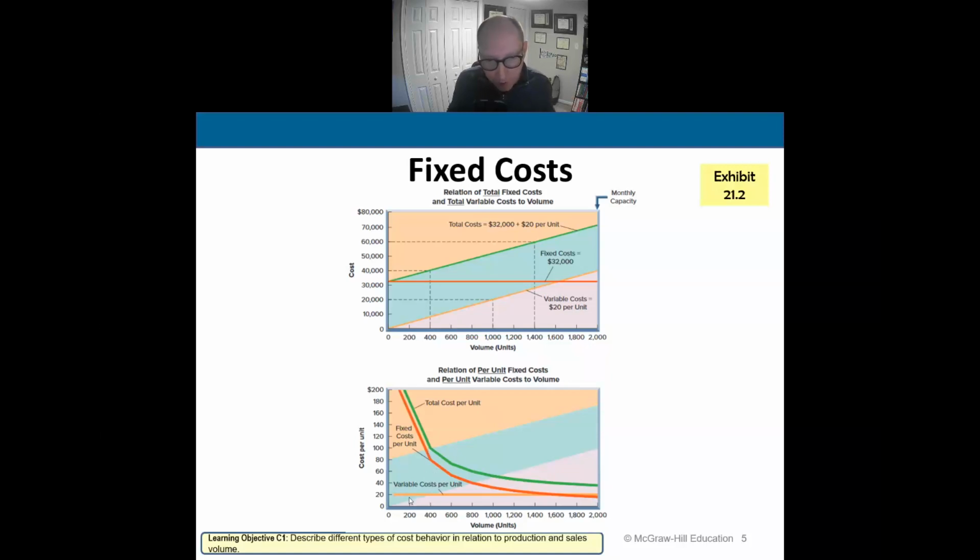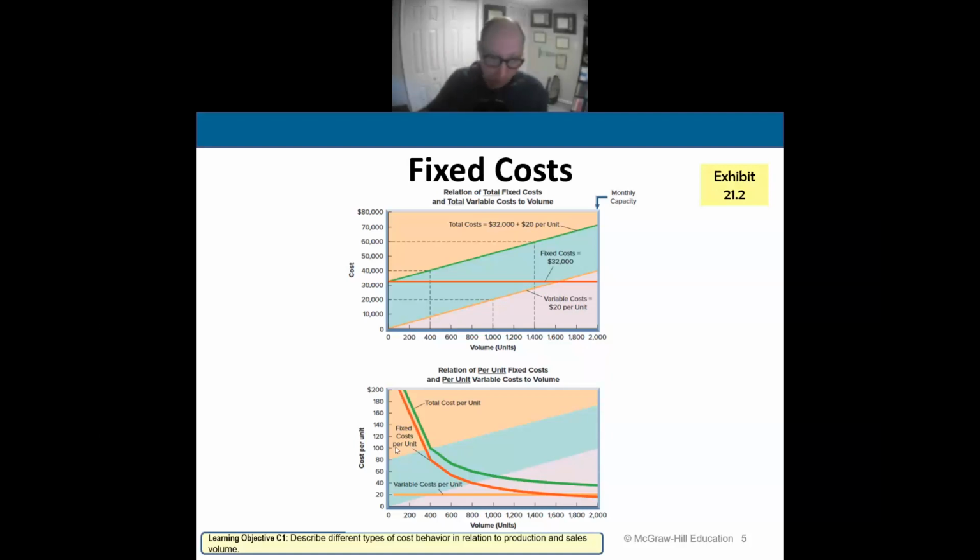If variable costs are the same per unit, $20 per unit, that's our direct material, direct labor, we can see that with the increasing level of production, on a per unit basis, my fixed cost per unit decreases with the additional units produced.